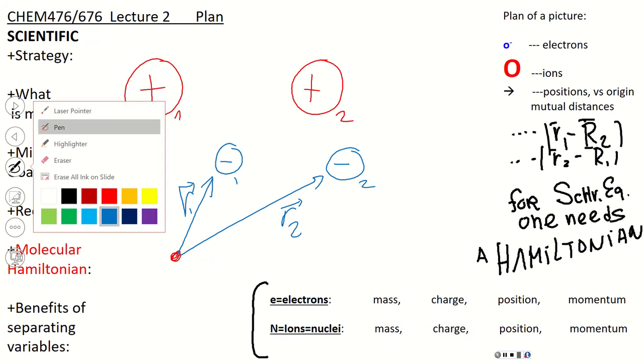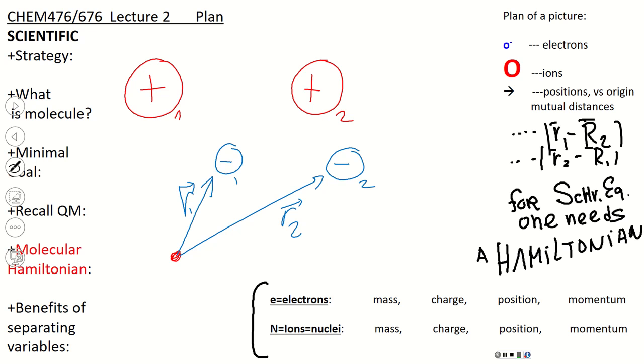And for nuclei, it will be R capital 1, R capital 2. Good. So each vector has 3 components, 4 vectors, 12 components. Right? So to some extent, it is a model of a hydrogen molecule. Good.